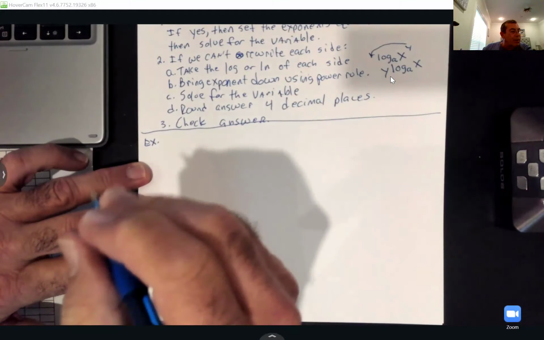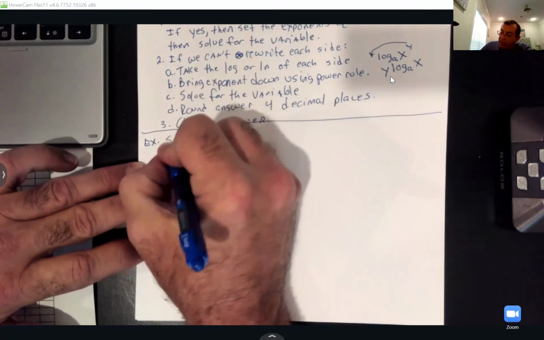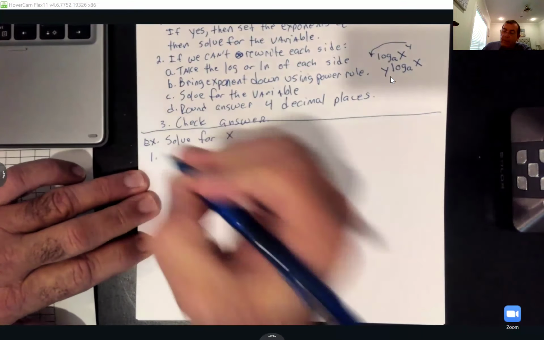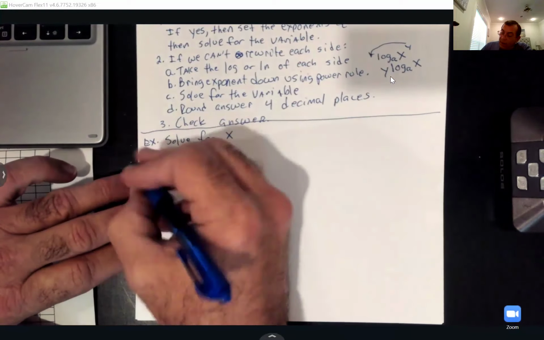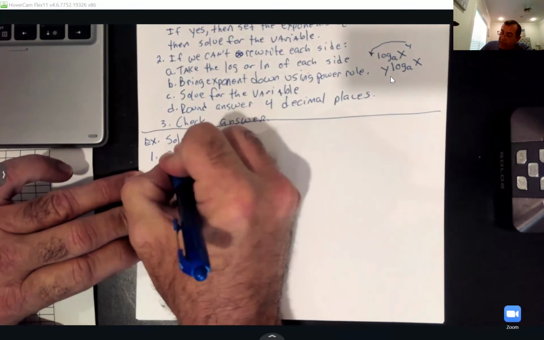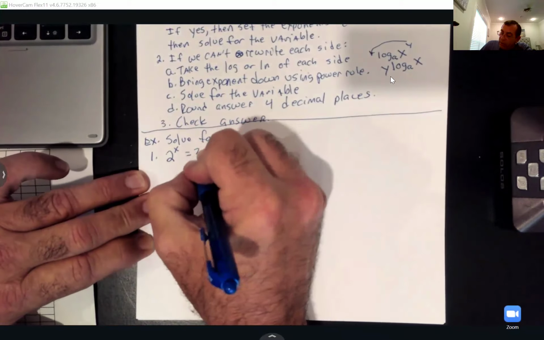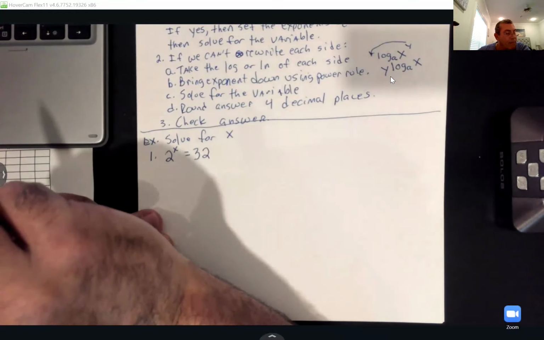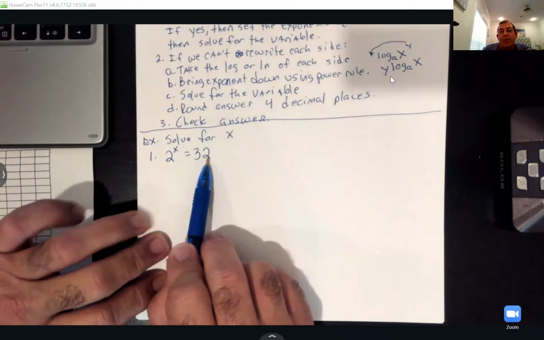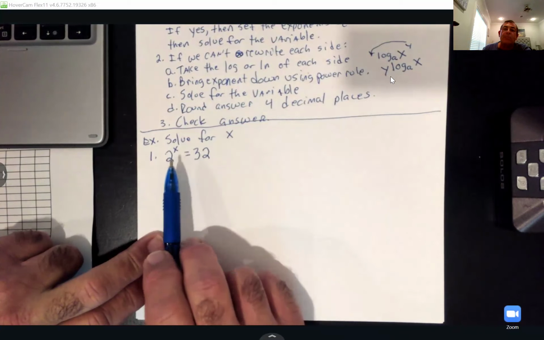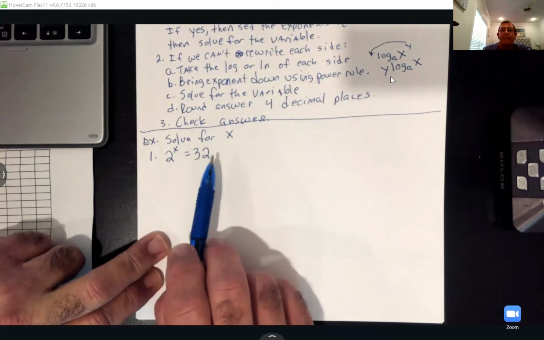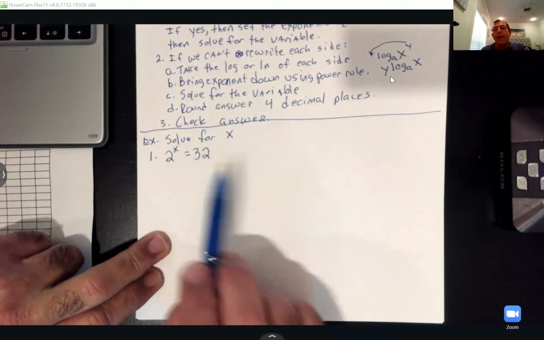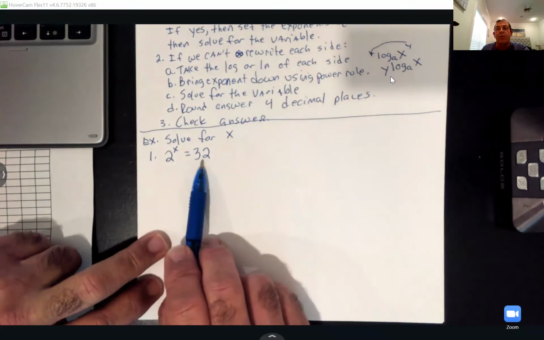So let's start out. These are going to say solve for x. So number 1, I've got 2 to the x equals 32. So the question is, can I rewrite 32 using 2 as its base? Can I multiply 2 times itself a certain number of times and equal 32?